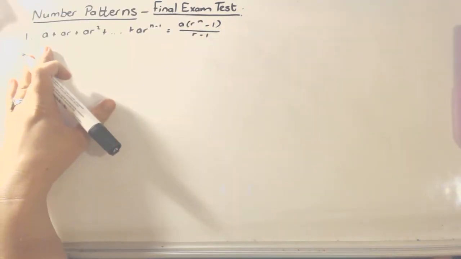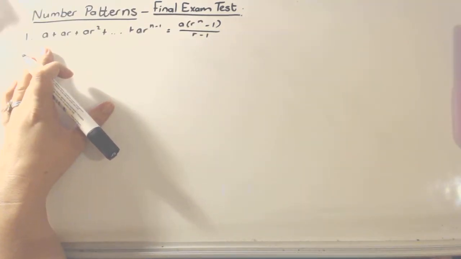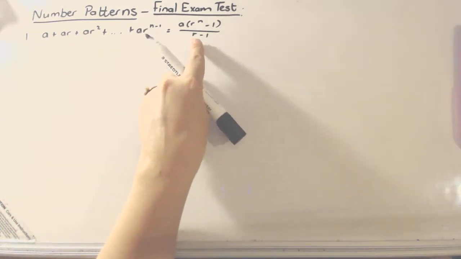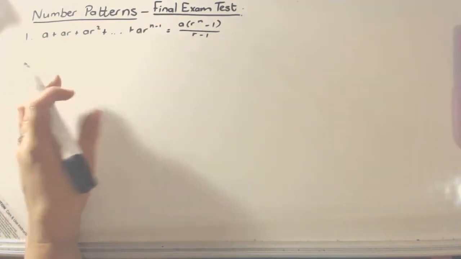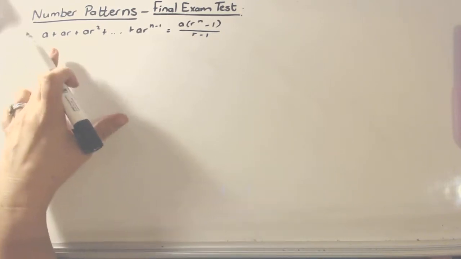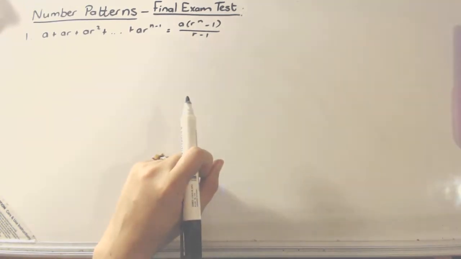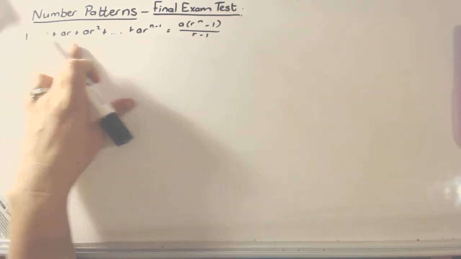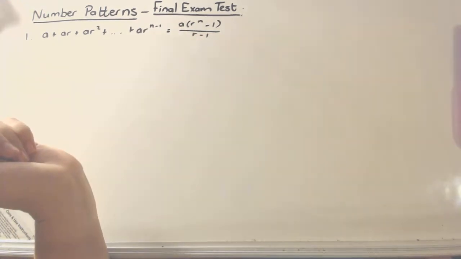Now this is a formal proof that you must be able to do. If you don't know how this proof looks like, you can go back to the proof video, the second video in this chapter, because I did all of the proofs there, so I'm not going to do it here. This is for 5 marks.